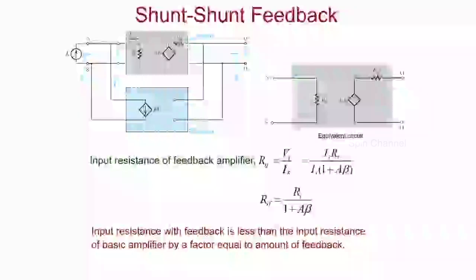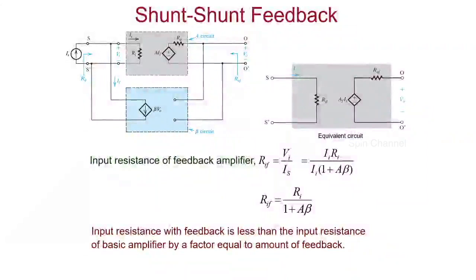The input resistance with feedback is given by input voltage Vi divided by the source current Is. On substituting the values of Is from the previous slide, we end up with the input resistance of the feedback amplifier as Rif equal to Ri divided by 1 plus A into beta. So the shunt connection at input results in reduced input resistance.